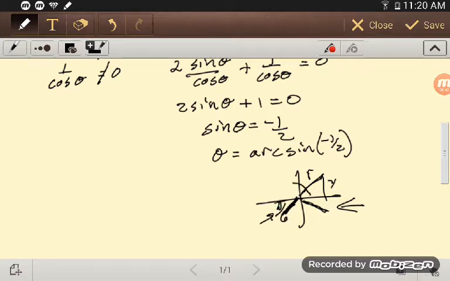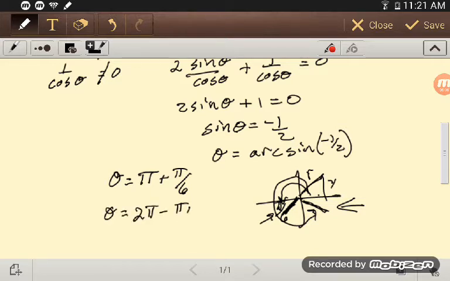But between 0 and 2 pi, I'd be coming around this way. So I get one of those thetas. Theta could be pi plus pi over 6. That would be that first angle. And then to get around here, it's going all the way around as 2 pi, so theta could be 2 pi minus pi over 6.